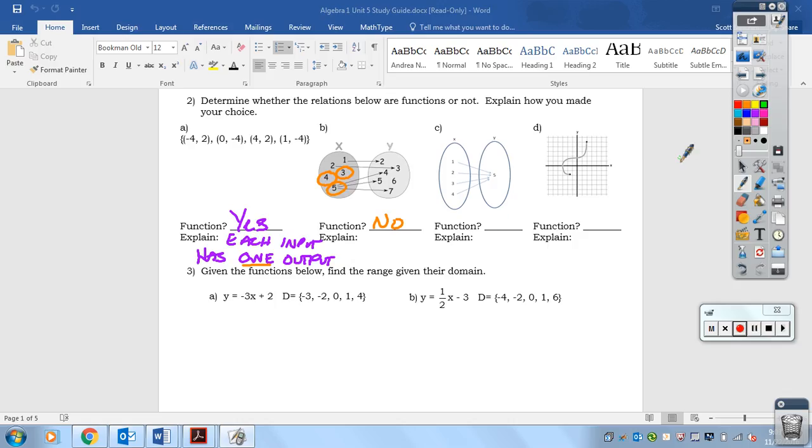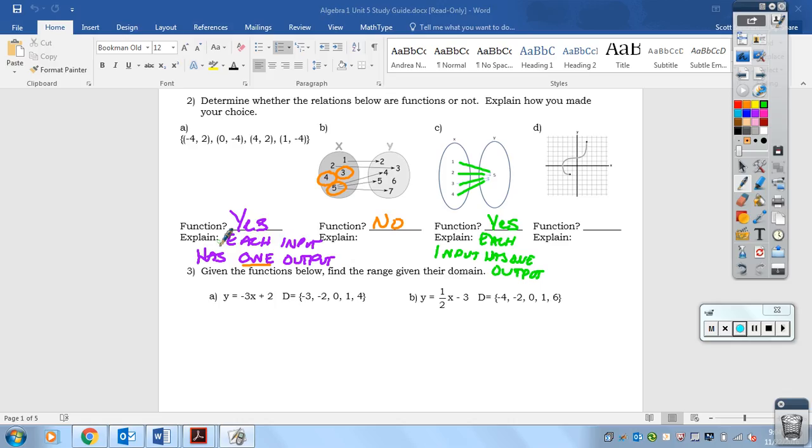C. Is C a function? The answer is yes. Each input, x's, has 1 arrow coming out of each of them. Yes, they tend to be going into the same one, but each of them has exactly 1 coming out of them. So yes, again, each input has 1 output.